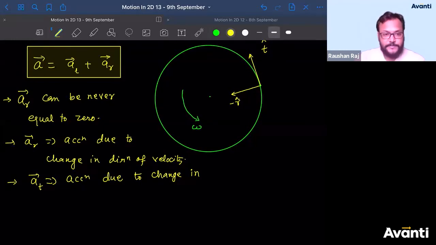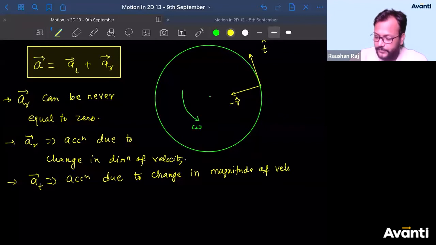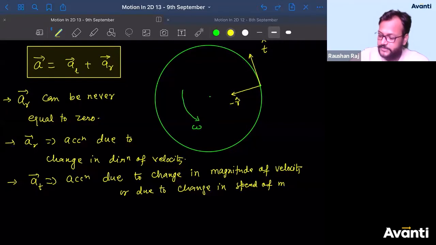So AT will be the acceleration due to change in magnitude of velocity, or the speed of the particle.